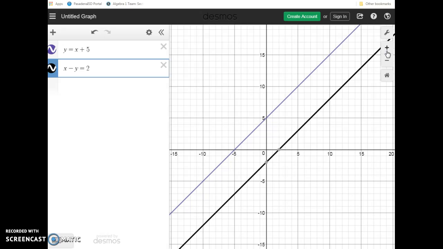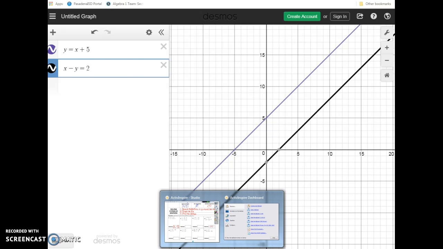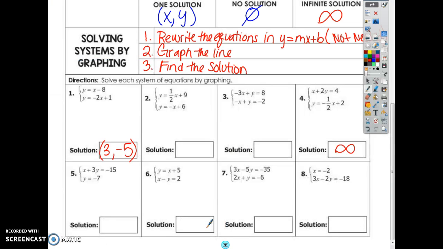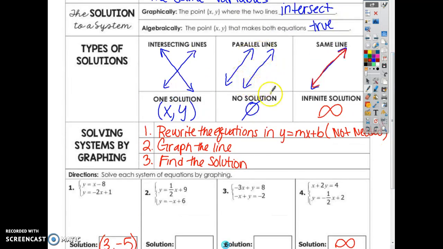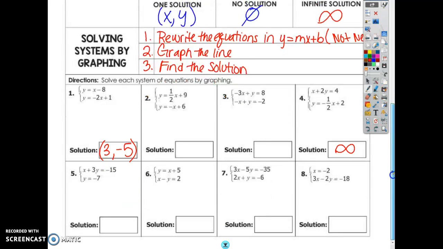They're parallel, right? If they're parallel, what kind of solution can I have? No solution. So I'm going to write no solution. It's like a little circle with a line through it. That's no solution.